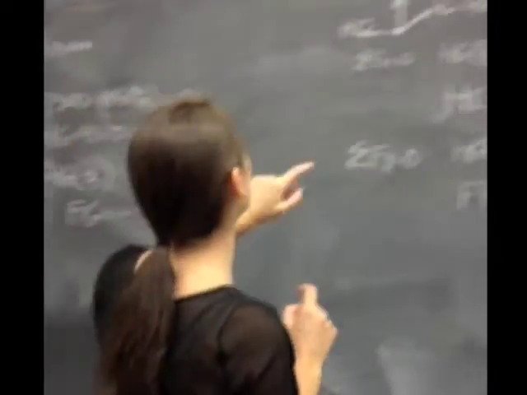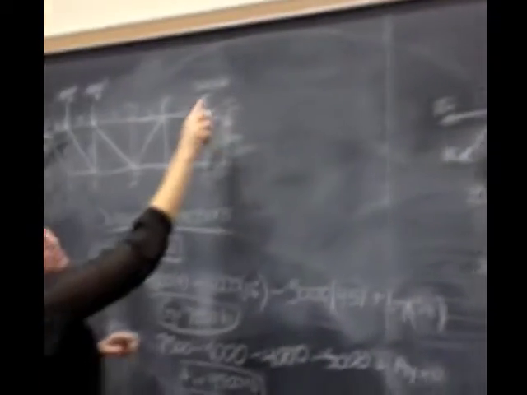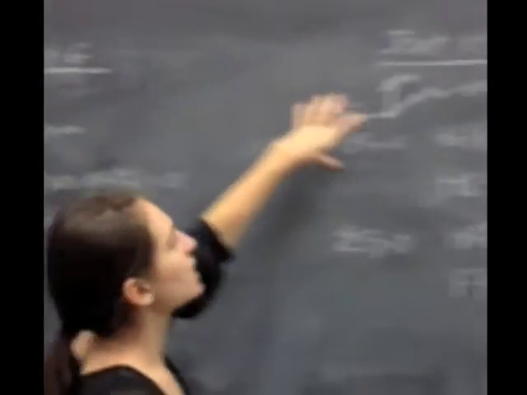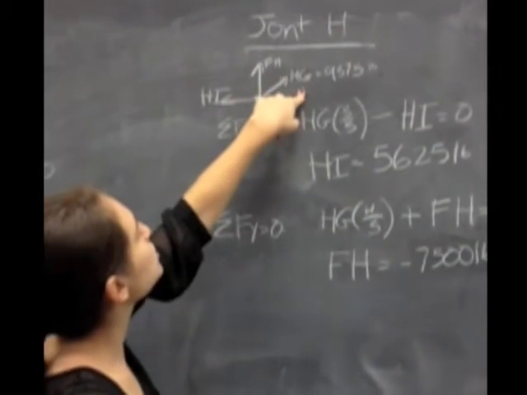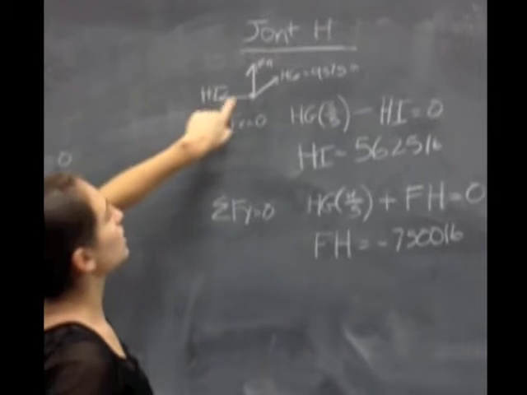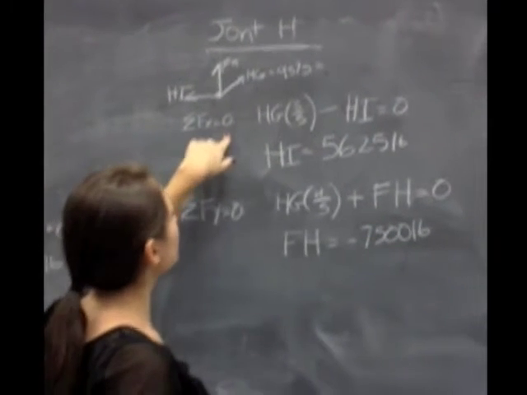So we're going to move on to joint H after, just looking at the main diagram if you want to. We're starting at G, then to H. So just redrawing what's at H, we have this HG going in that diagonal direction, FH, and HI. So looking at sigma Fx first, set that equal to 0.